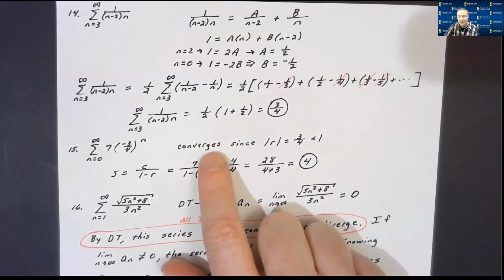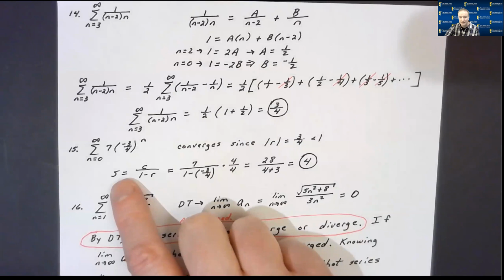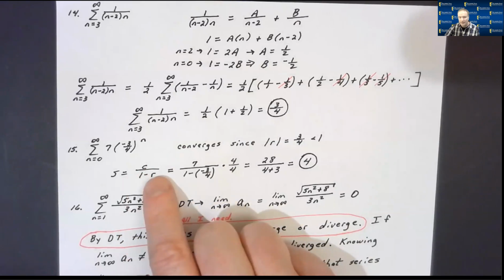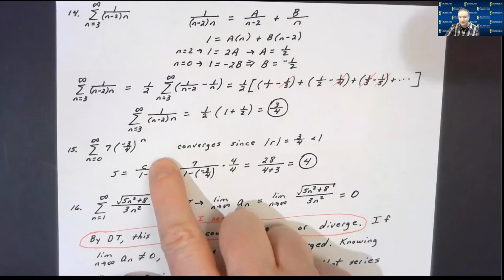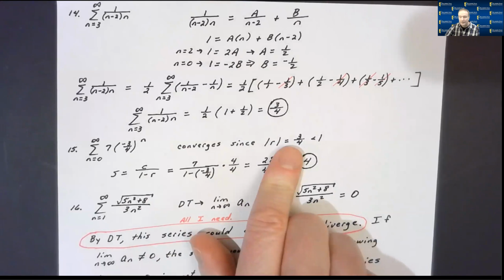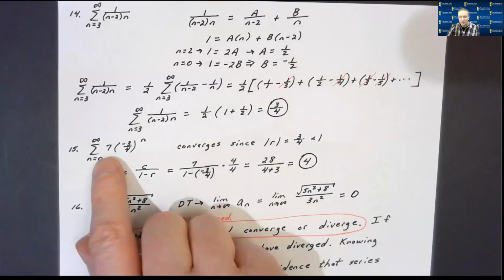Now, for this problem, though, what I would go in and do to show my work is I would just say any convergent series always has a sum of c over 1 minus r. Now, c just stands for your very first term, your constant, that doesn't have the common ratio factored into it. Well, you can get the constant in the problem by just plugging in the bottom value in your series. Now, please don't always assume that that bottom value is 0.